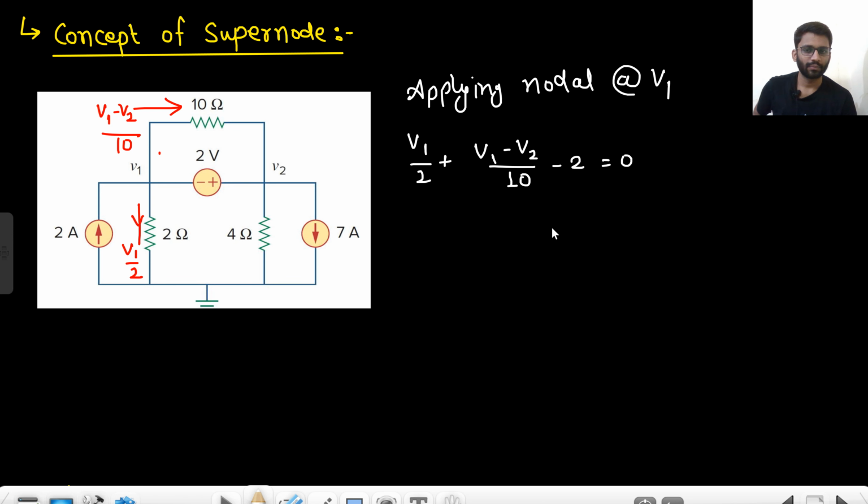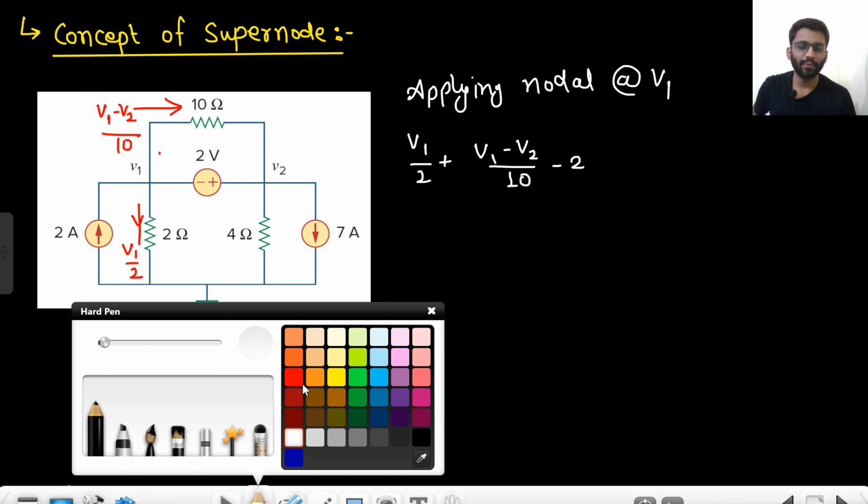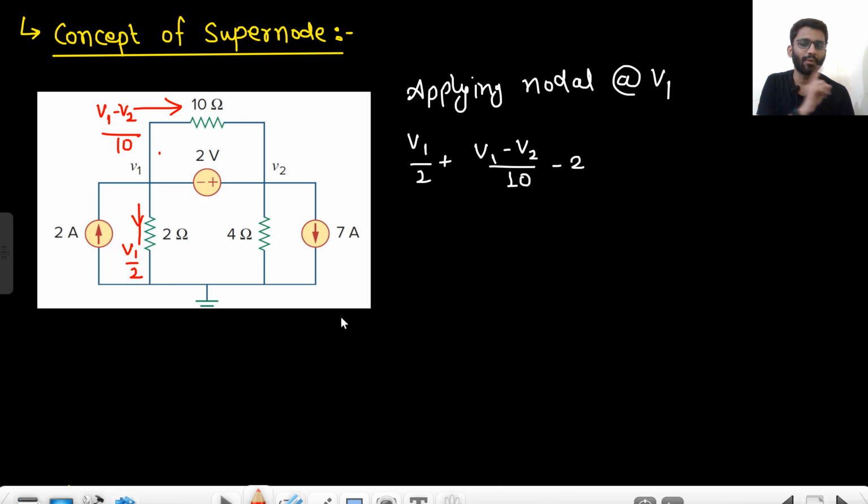Yes or no? No. Why so? Because I told you one thing, always see the current in all the branches. You have written the current in this branch, in this branch, in this branch. You didn't consider the current in this branch. Even the voltage source can have some current, no? So we can consider a current here, I1 current is flowing here. Or we can consider in this direction as well, I2 current.